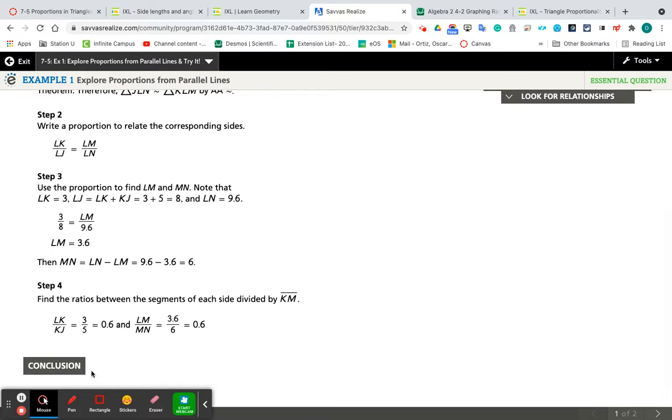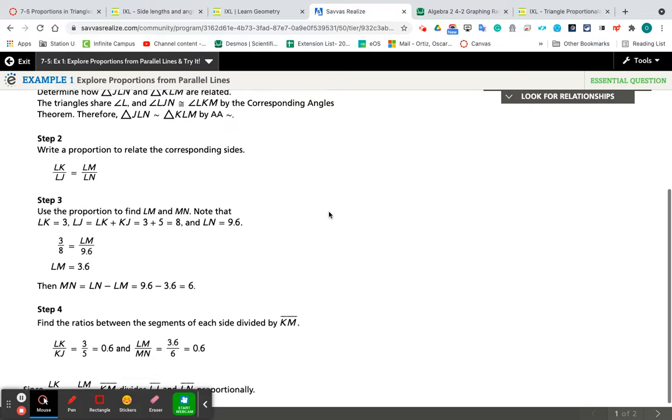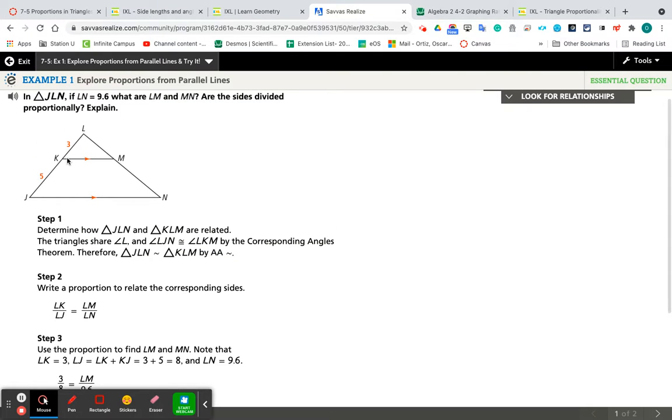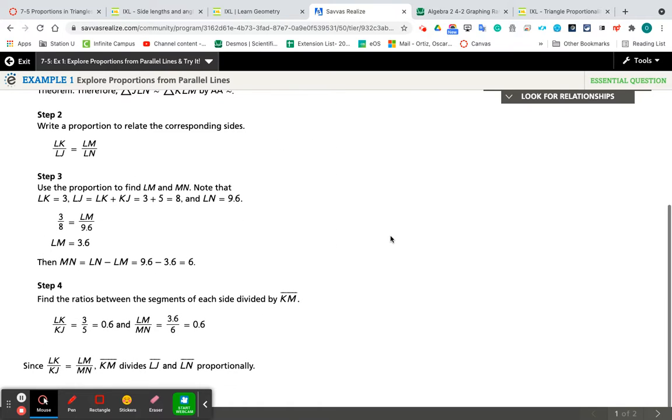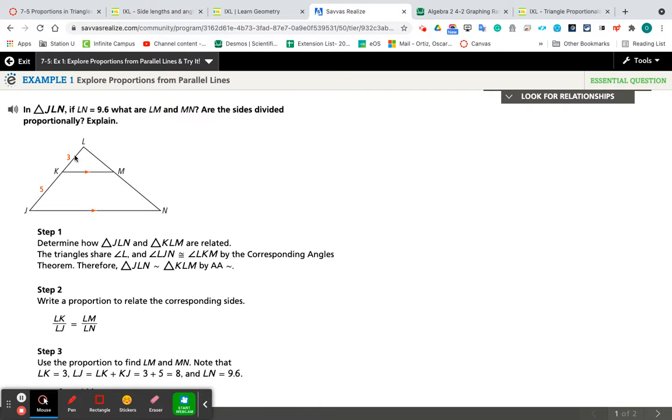So our conclusion is that KM, the segment that is parallel to one of the sides in the triangle, actually determines two sides here, LK and KJ, or segments that are proportional to the segments LM and MN.